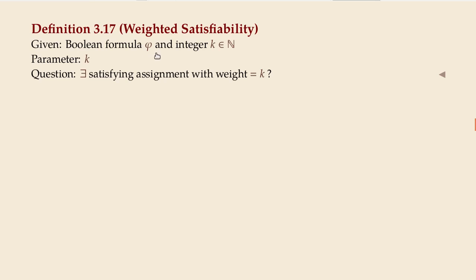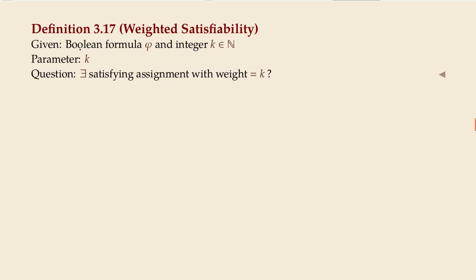We're given a Boolean formula and a number, which is also taken as the parameter, and we ask if there is a satisfying assignment that has exactly this weight k. So we're not interested in whether the formula is satisfiable or not. We're only interested in those specific assignments.